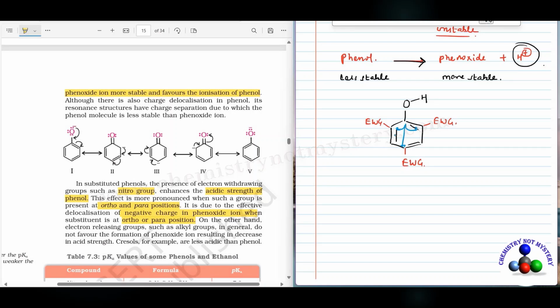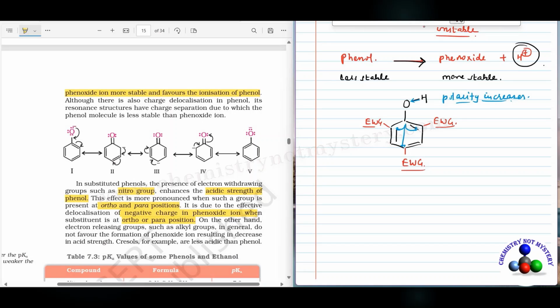When they withdraw electron density from oxygen, they will increase the polarity of the hydrogen-oxygen bond. So due to the presence of electron withdrawing groups, the polarity increases. Due to the increase in polarity, removal of H plus ion will become easier. That's why the presence of electron withdrawing groups at ortho or para position increases the acidic strength of phenol.